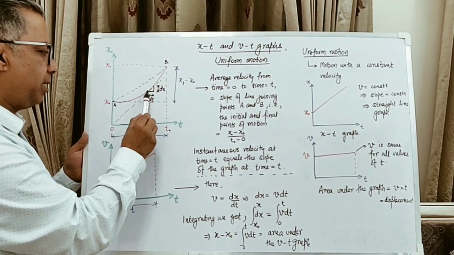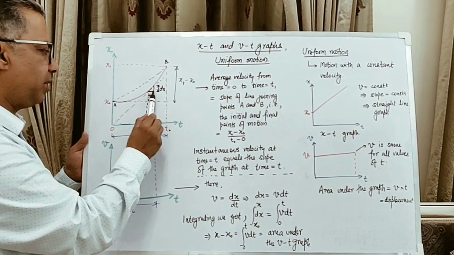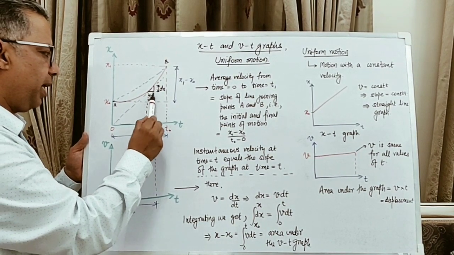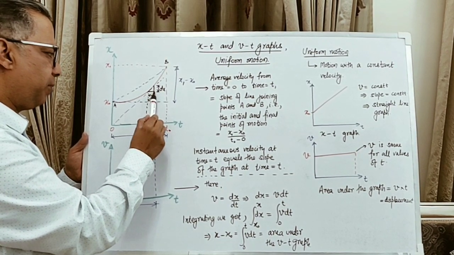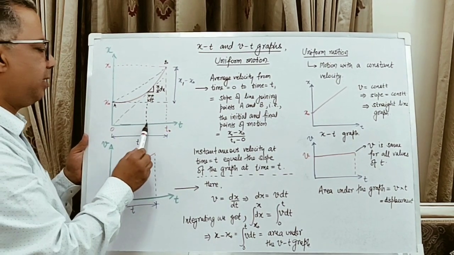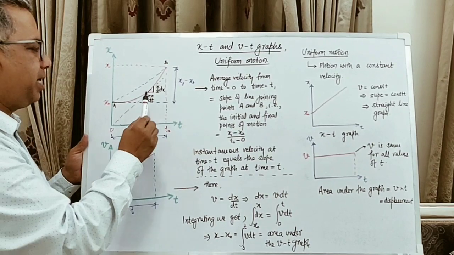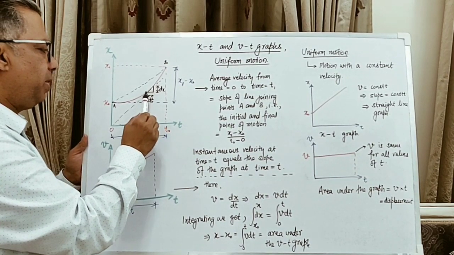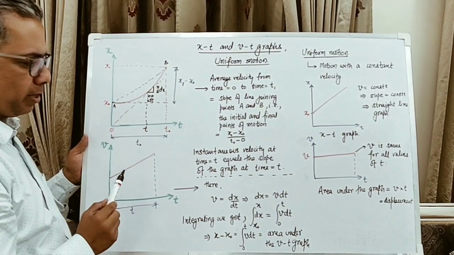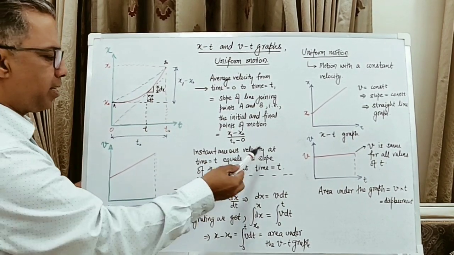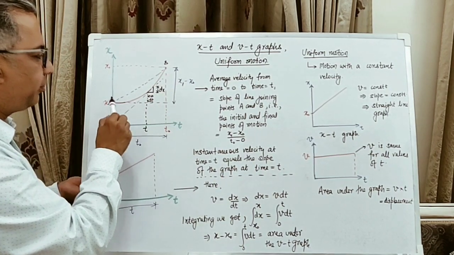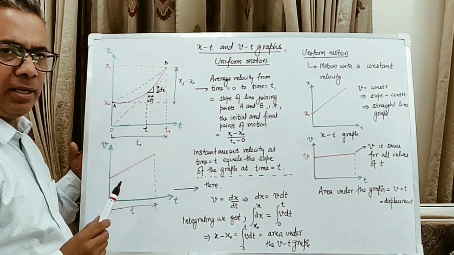This height was x, and the change in x was this dx. The instantaneous velocity at this instant would have to be dx by dt, and dx by dt would be the slope of this curve at this particular point. So instantaneous velocity at a time t equals the slope of this xt graph at time t.